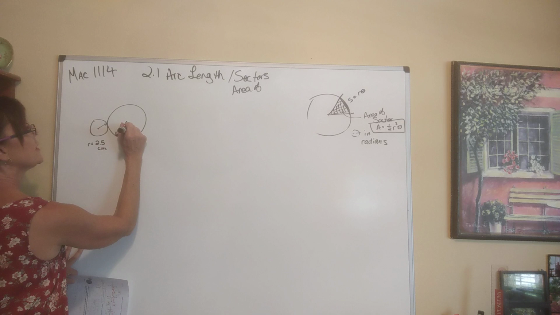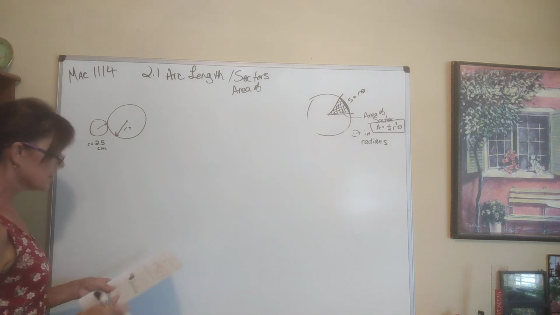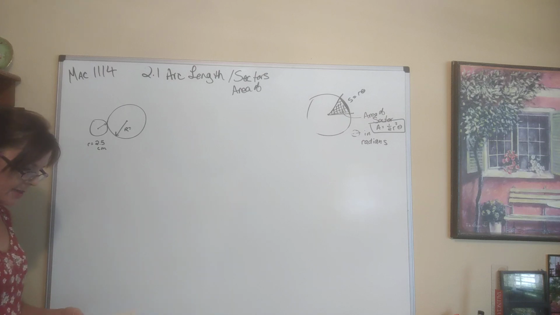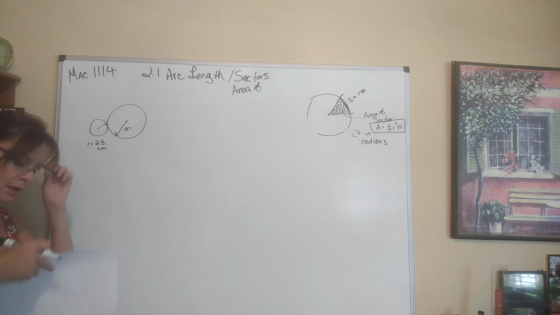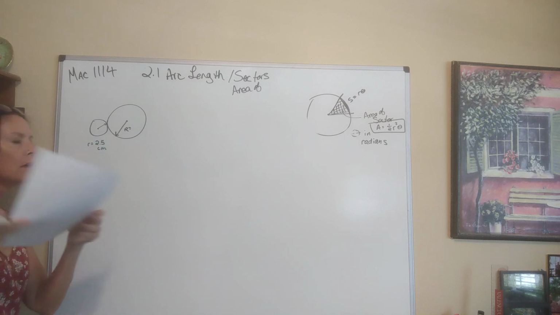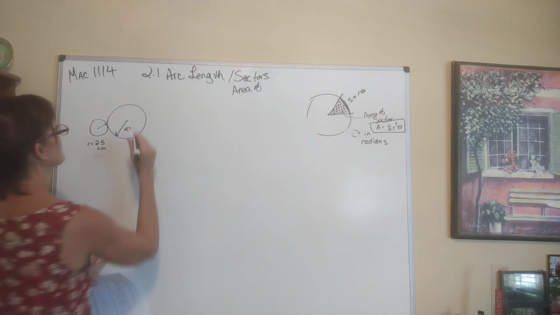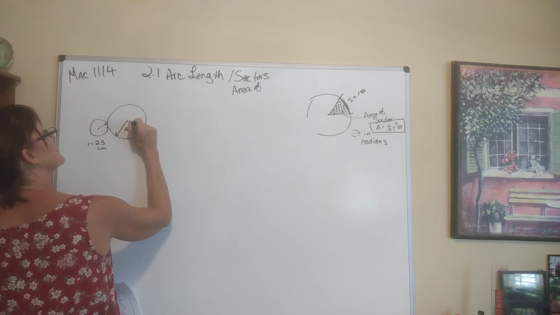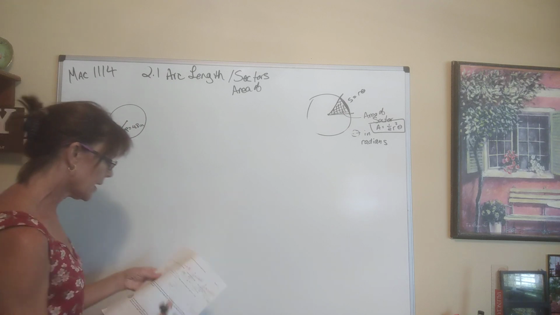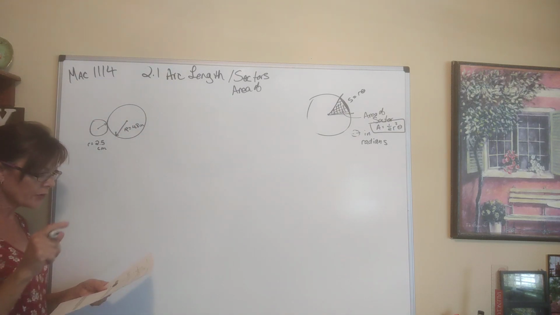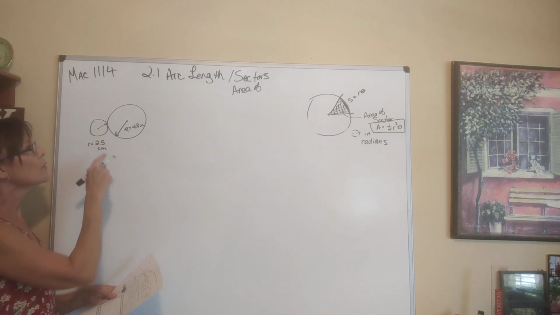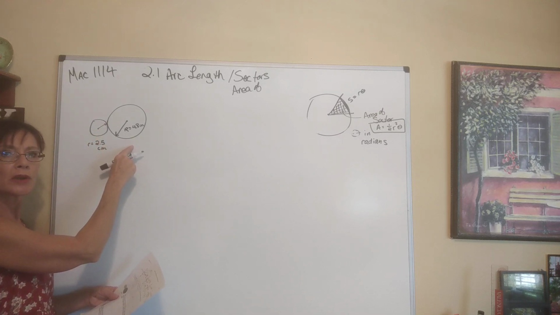And the radius of the bigger gear, I'll make it a capital R to distinguish it, is 4.8 centimeters. All right, so the smaller gear is going to rotate through 225 degrees, and what they want to know is how many degrees the bigger gear rotates.